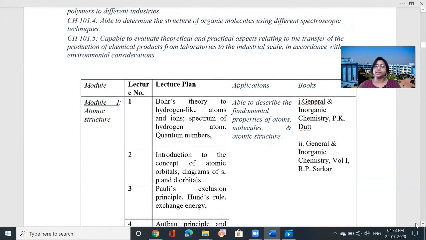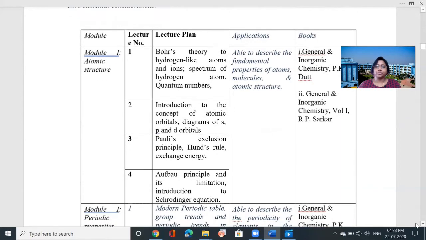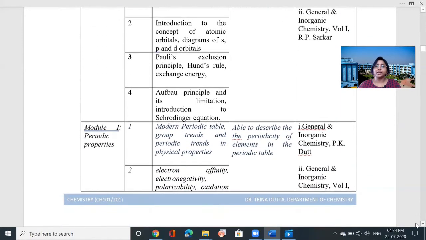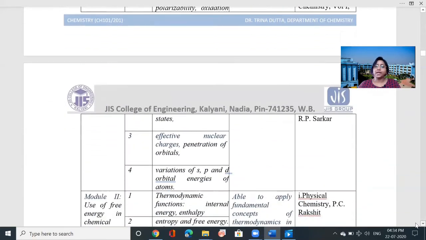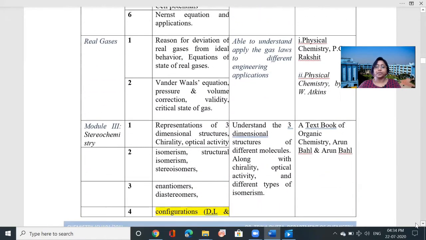And this is the lecture plan. From this you come to know which topic will be covered in which lecture, so you can prepare in advance.